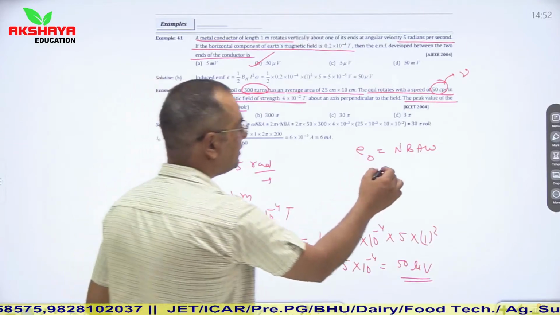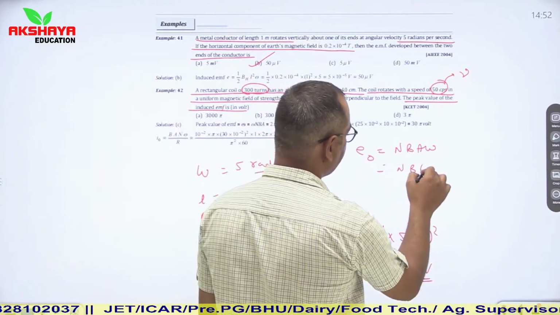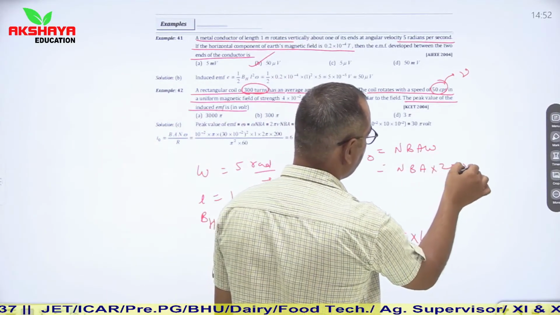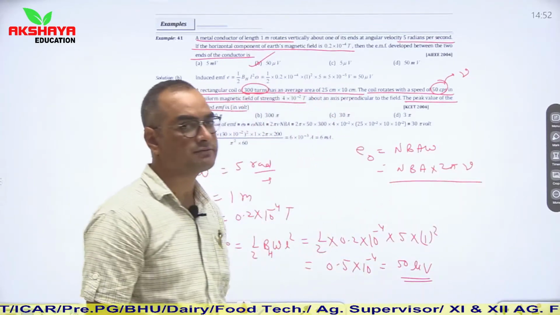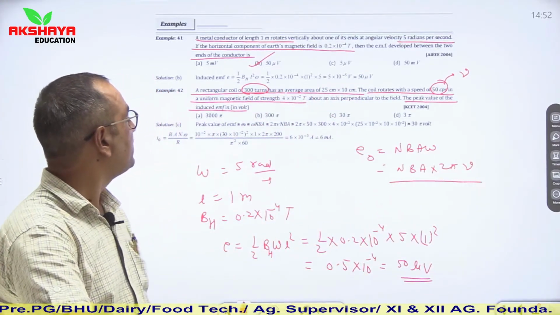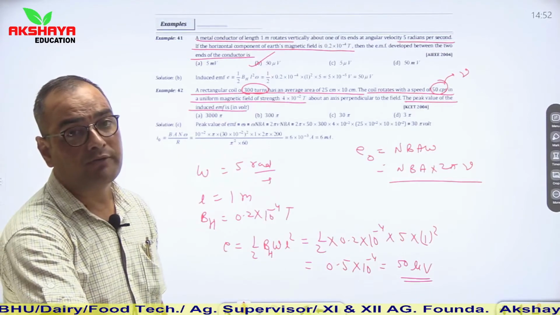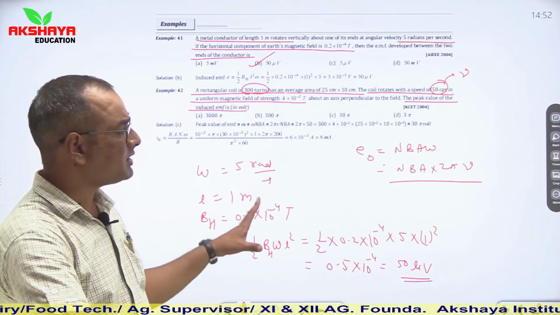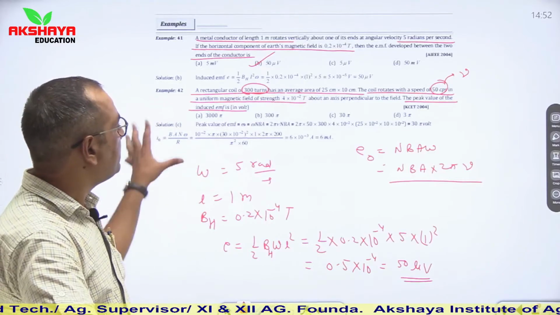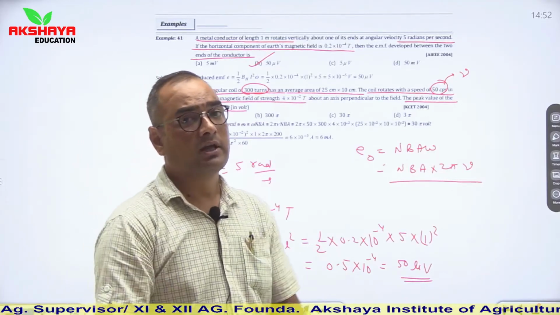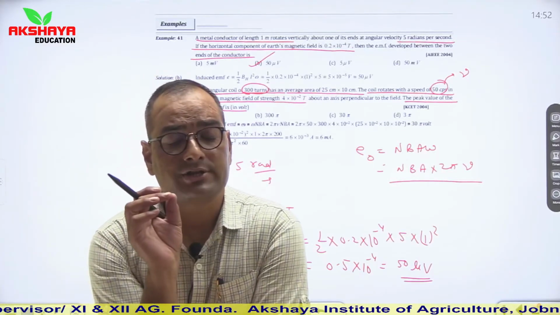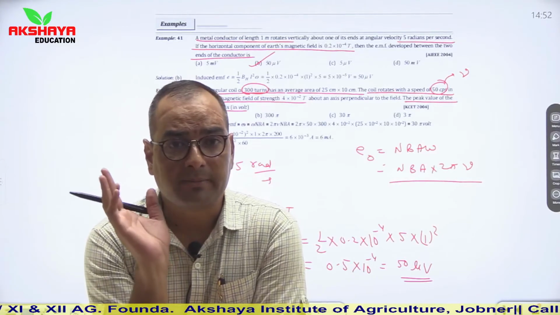So we can use this formula here, NBA omega with omega as 2 pi nu. Simply place all the values in this formula and we can calculate the maximum or peak value of induced EMF. So this is the general concept of the pattern of questions based on rotational EMI and periodic EMI.